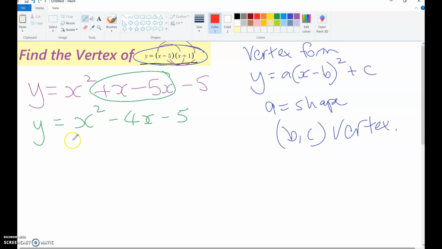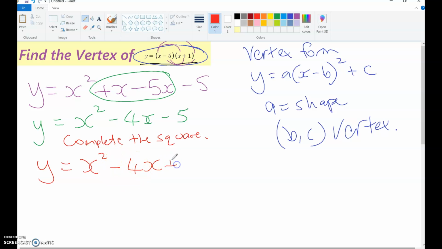Then here I'm going to complete the square. Y equals x squared minus 4x. To complete the square, I actually take the minus 4x, halve it to get minus 2x, and then square it to get 4. But I can't randomly add 4 without randomly taking 4 off. And then we've still got the minus 5.